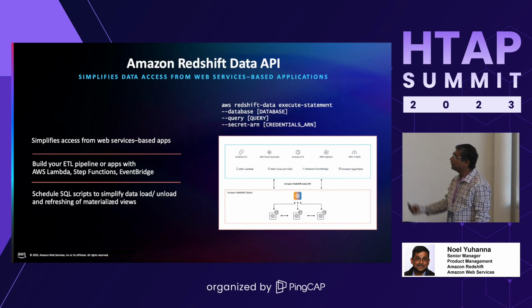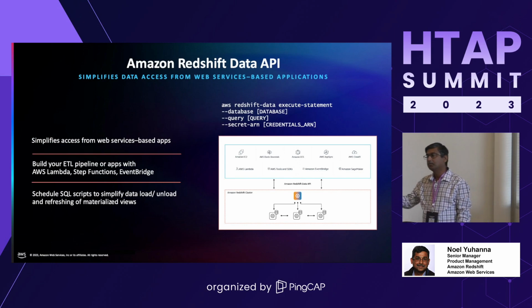All right. So then for developers, we have an API called Data API, and this is a pretty popular API. We have more than 10,000 customers who are using this API, and it abstracts the complexity of JDBC and ODBC. Many customers, for example Roche, published a blog. They are using Google Sheets to access data in Redshift, and they are using Data API.